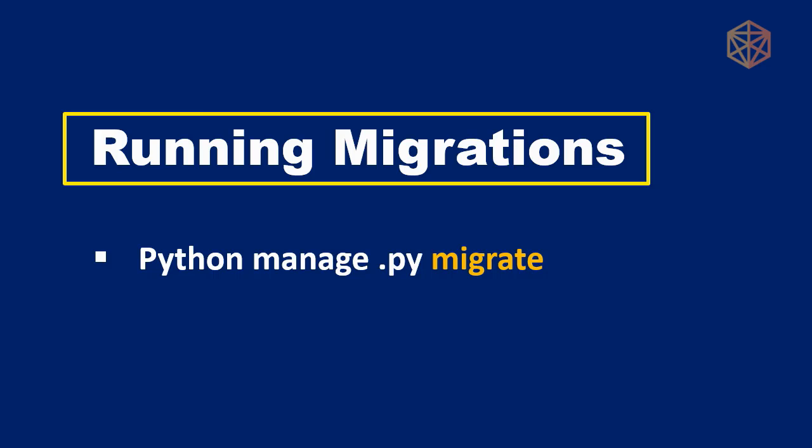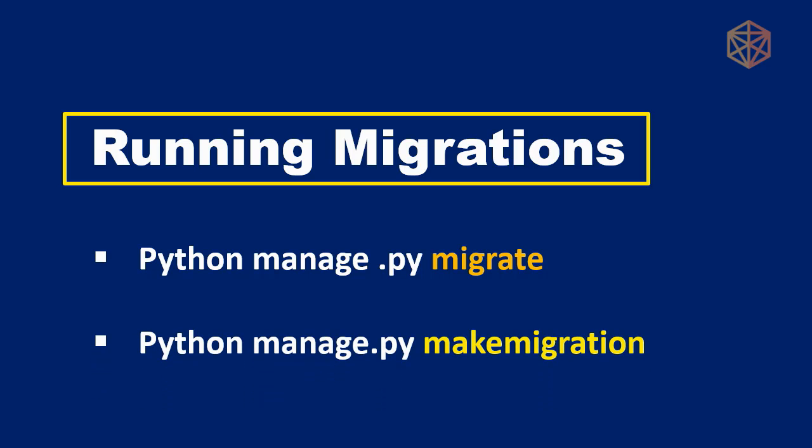It looks at the installed_apps settings in your settings.py file and creates any necessary database tables according to the database settings in the settings.py file. Another useful command is the makemigrations command. This makemigrations command creates the migration but does not apply the migration.